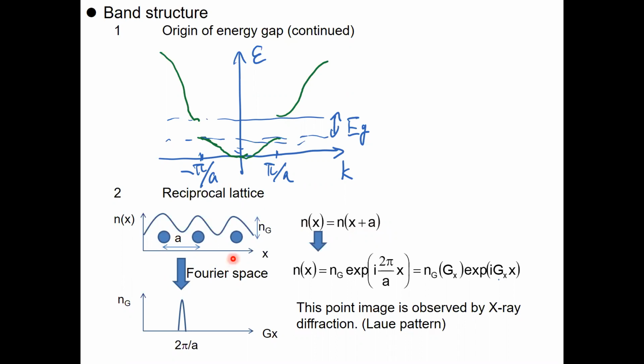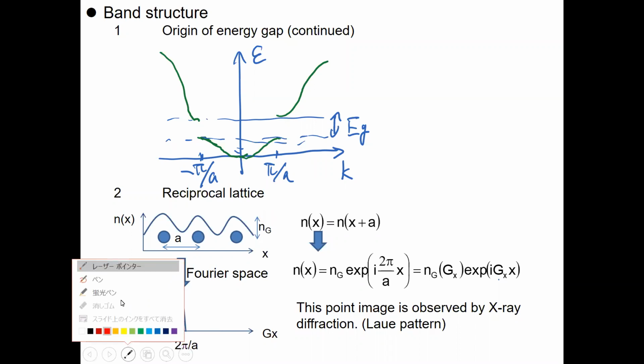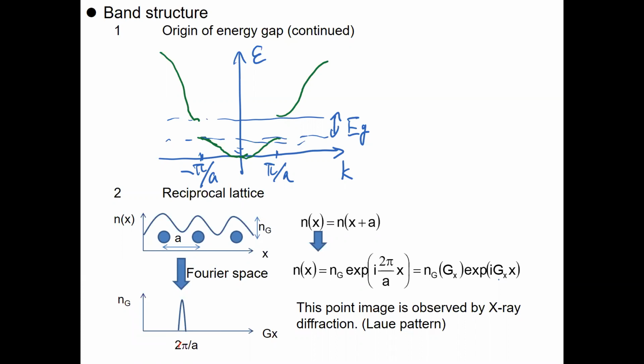But if you change the space into the Fourier domain, meaning x is changed to a spatial frequency space, then every 2 pi over a you can have some sort of high electron density.